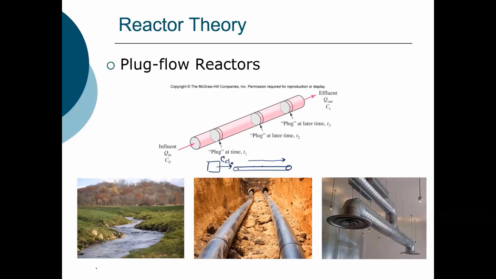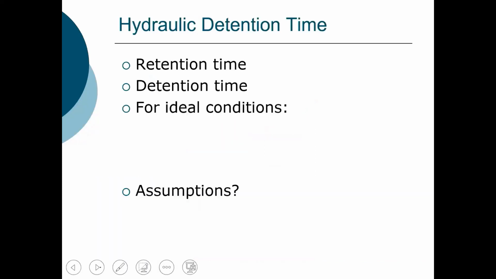You could look at an HVAC system. You've got a series of ductwork, and that ductwork can then be modeled as a plug flow reactor. Now, as we talk about these systems, we will talk about the hydraulic detention time or the hydraulic retention time. Let me call it just the retention time.